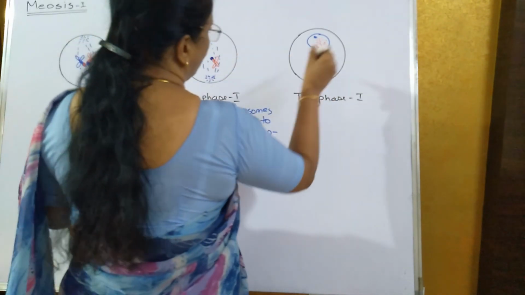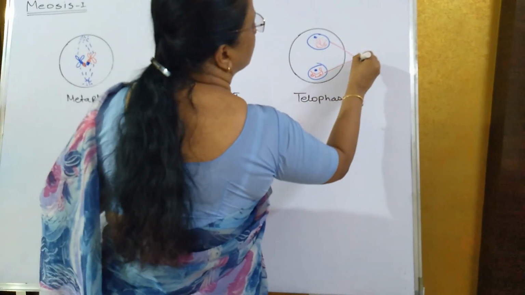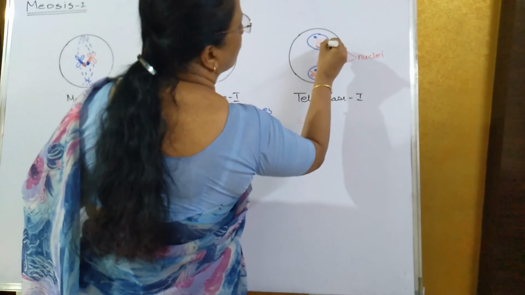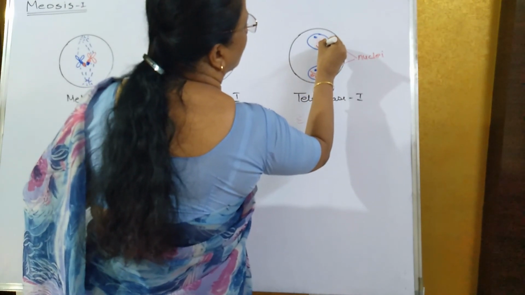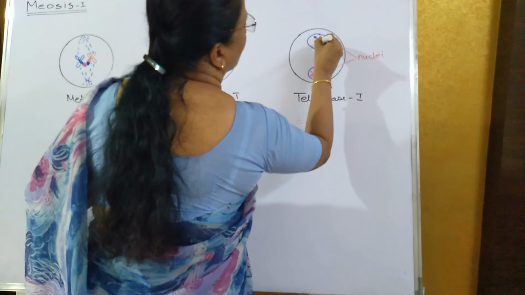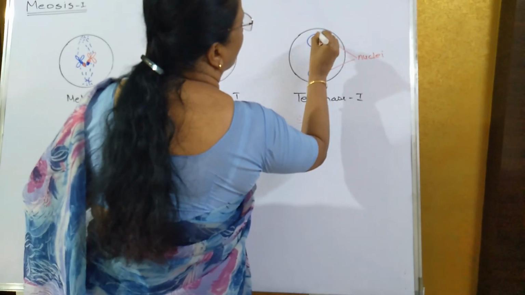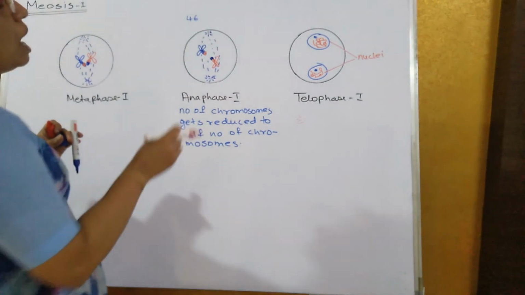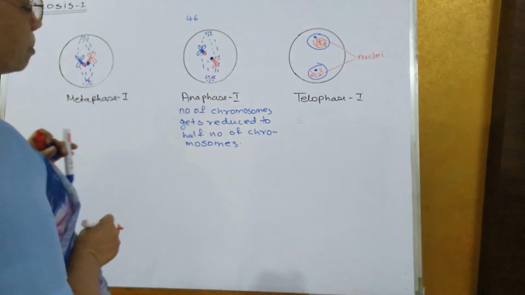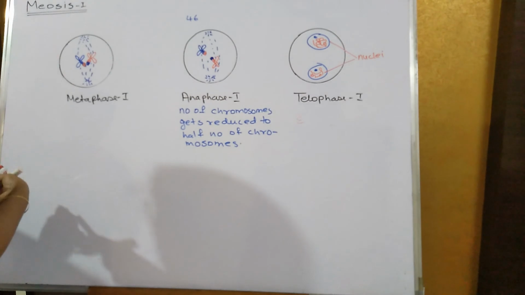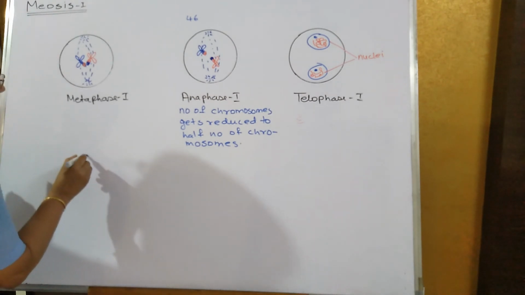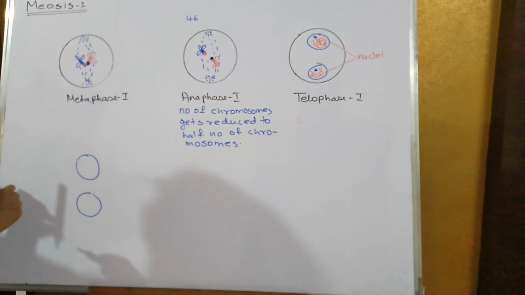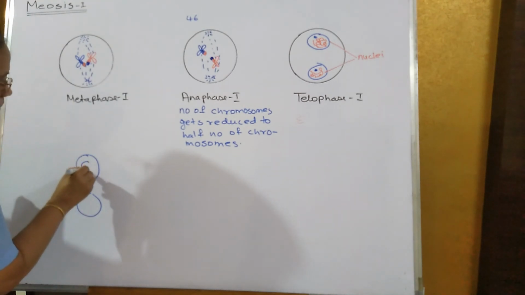This way, two nuclei are formed. After this, cytokinesis takes place and two cells are formed. Two daughter cells will be formed with the respective nucleus.